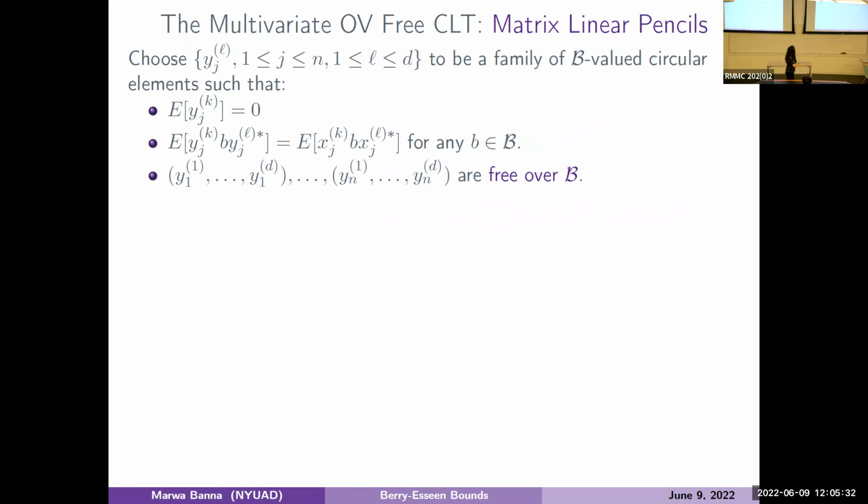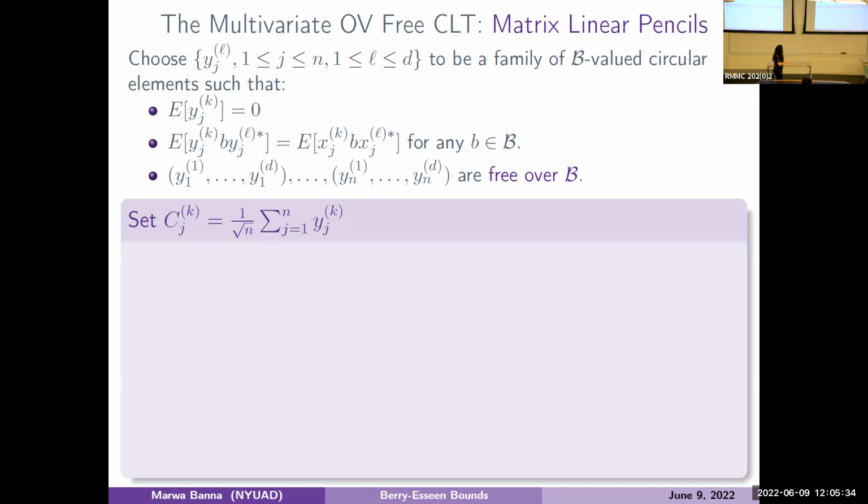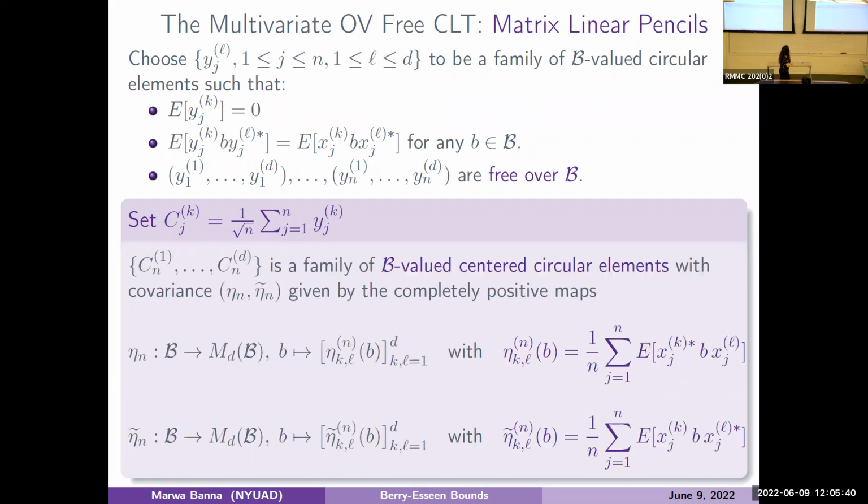You know the story. We set Cjk to be their sum. We know that this is an operator valued circular element, and we can obtain a quantitative version of the central limit theorem this way. So now we know what these Cn1, up to Cnd, are.